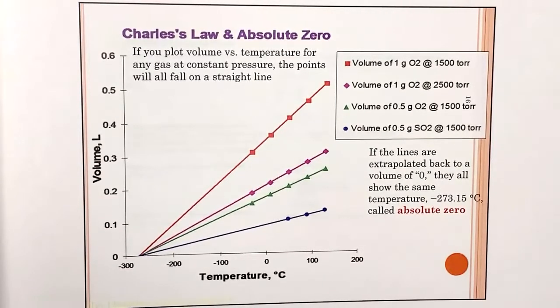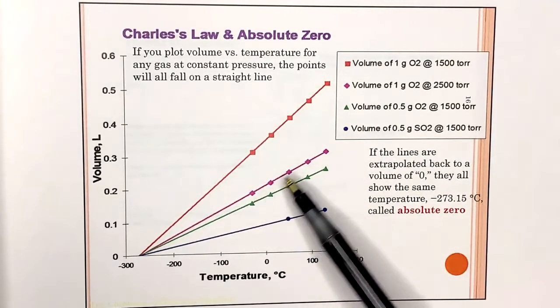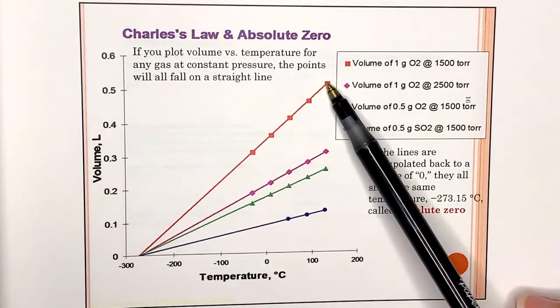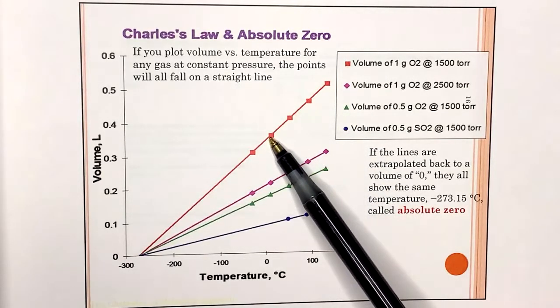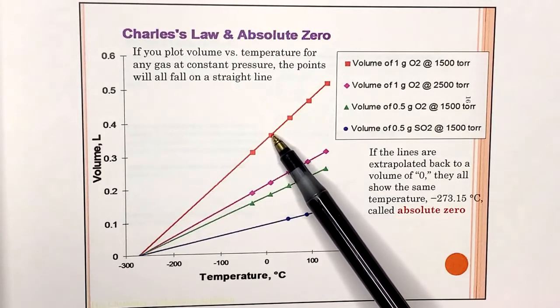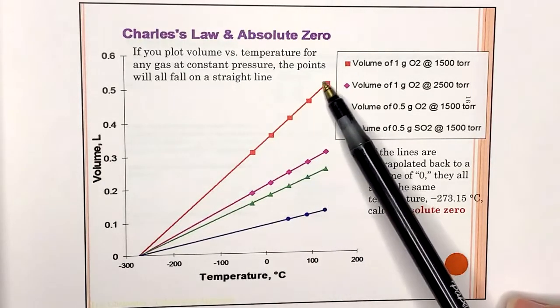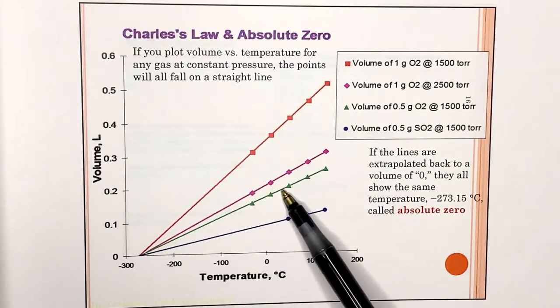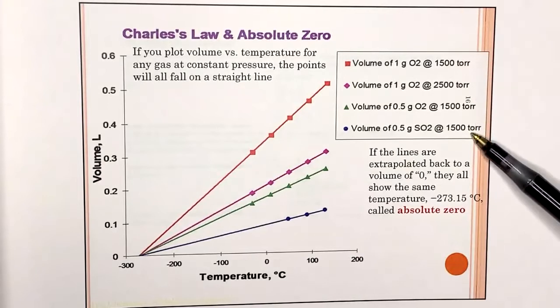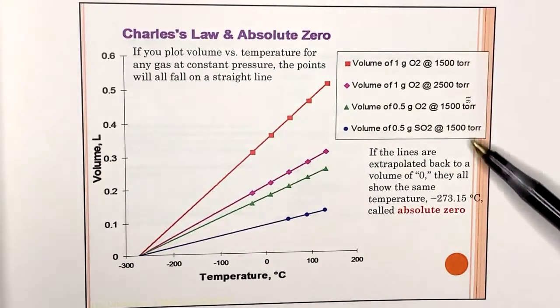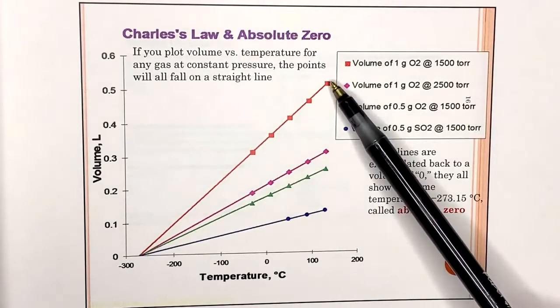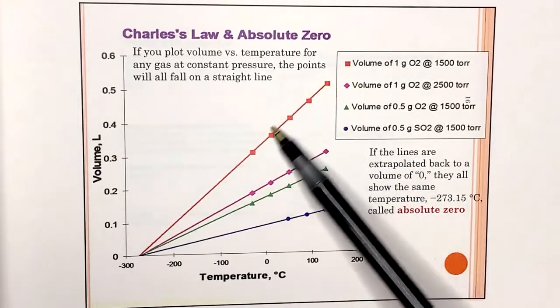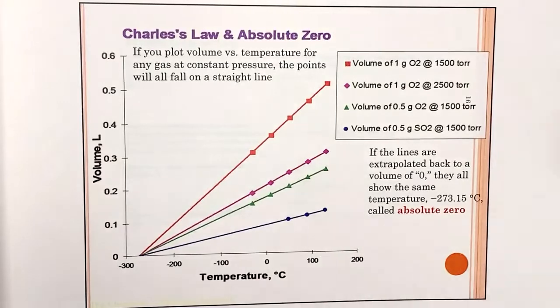If you were to record your volume and temperature change for different lines here, you have the volume of 1 gram of oxygen at a certain pressure, and then you did something else at a different pressure. It doesn't matter what pressure it is, but when you plot the volume versus temperature, all the lines are different, right?